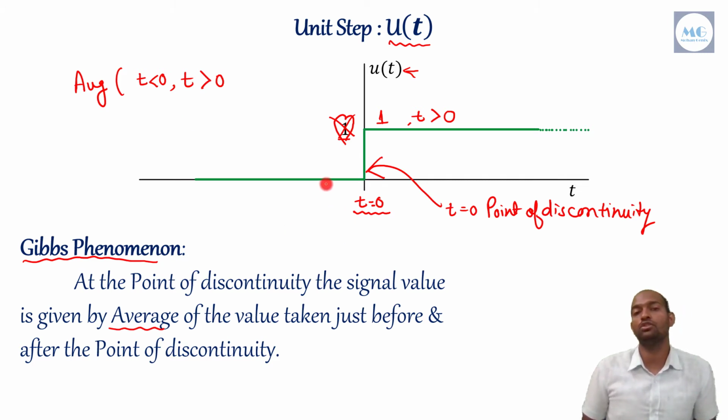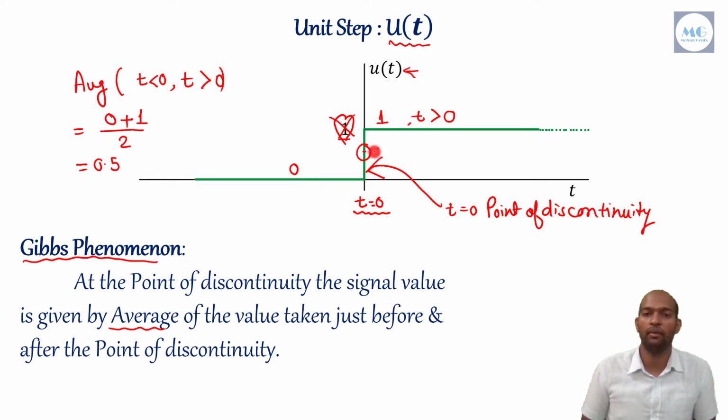For t less than 0 its value is 0, that is 0, plus its value just after the discontinuity is 1. So (0 plus 1) by 2 is 0.5, or we can say at the point of discontinuity its value is 0.5. I will write it here. So if anyone asks you what is the value of the unit step signal at t equal to 0, you just tell its value is 0.5 according to Gibbs phenomenon.